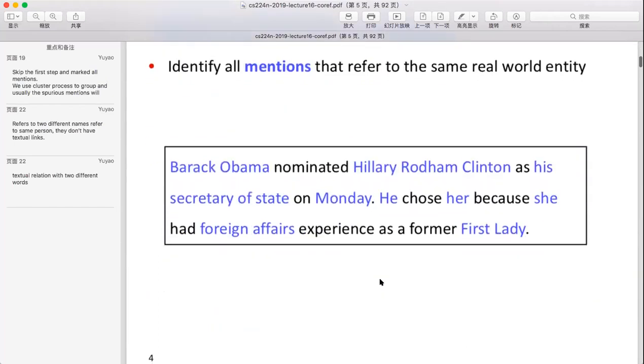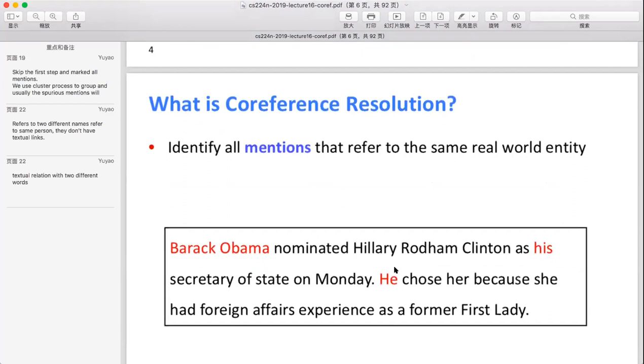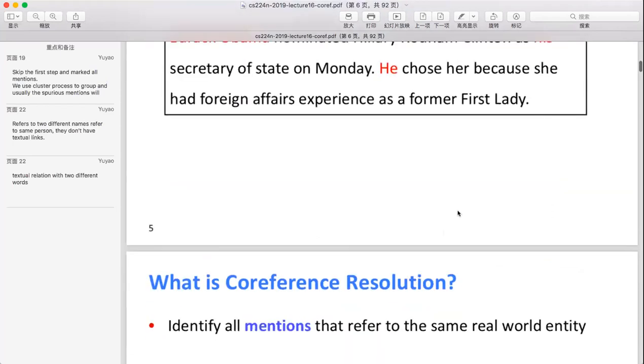So we mark all those mentions, and then we group them. The red words here all refer to the same thing, Barack Obama, so they are identified as the same person.